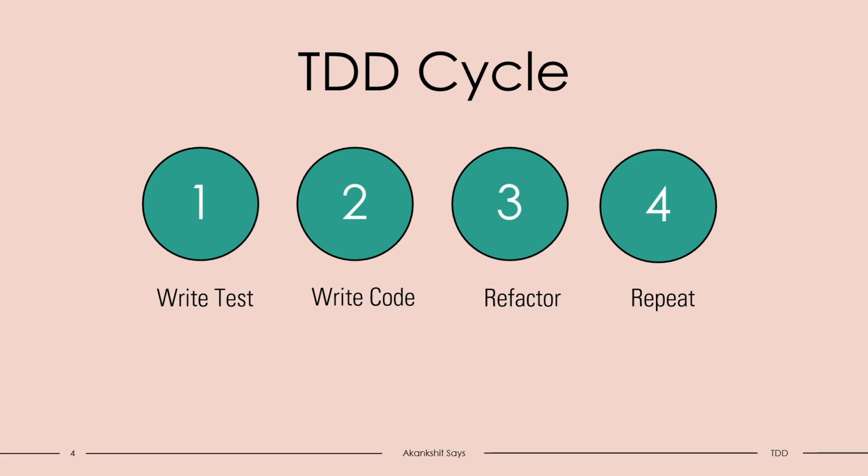Now a new requirement came in where we want to extend the same function to add any number of arguments. We first went and wrote the tests. Then we refactored our logic and ran the test suite to confirm we satisfy the new requirement and the previous test cases are not breaking.